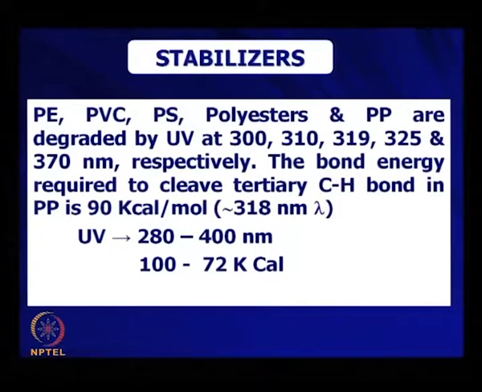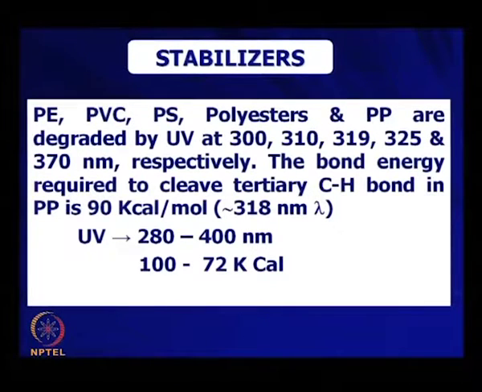Here you see why: the degradation wavelength is 370 nanometer, which is there in sunlight. So, polypropylene is not stable, and polyethylene is a little better, because polyethylene degrades at around 300 nanometer, which is a very small fraction in sunlight, but around 370 is present in sunlight.